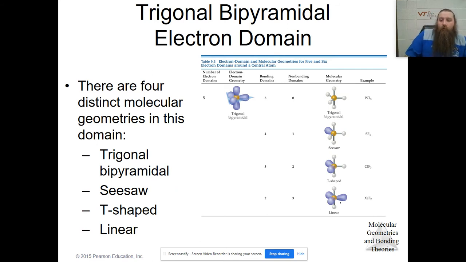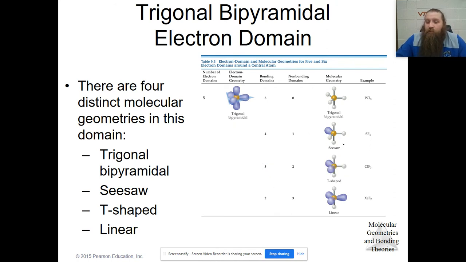All right. Linear is going to look exactly like regular linear, except I've got 3 non-bonding regions at the equatorial position. The axial position has 2 bonded regions. If we look at T-shaped, again, we have 2 non-bonding regions at the equatorial position, which leaves us with 1, 2, 3 attached atoms, 3 bonding domains.